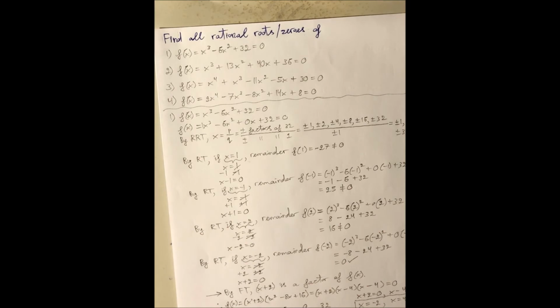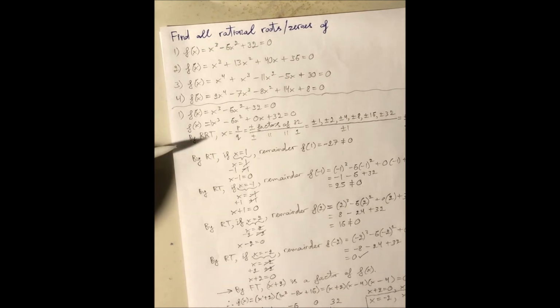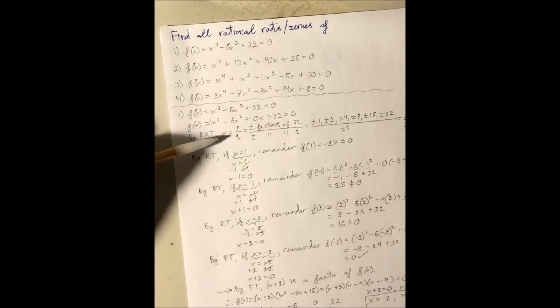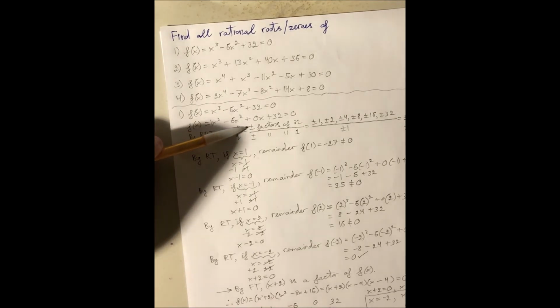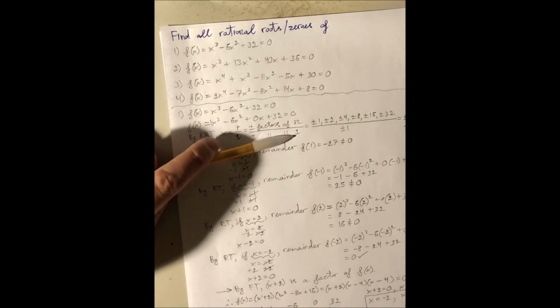So the idea is that when you're given a polynomial function of degree 3 or above, the first step is to use the rational root theorem, crank out all of the possible rational roots, which is in the form of lowercase p over lowercase q, where p stands for all of the positive and negative factors of the constant, over q, which stands for all of the positive and negative factors of the leading coefficient.